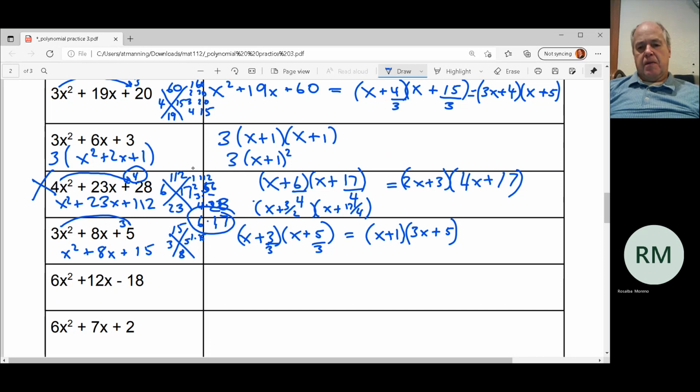Checking my answer, 3x squared plus 3x plus another 5x gives me 8x plus the 5. That one worked out fine.